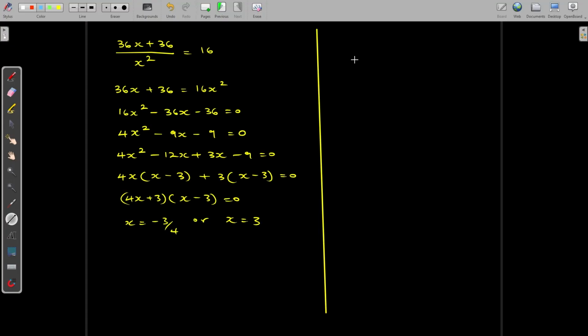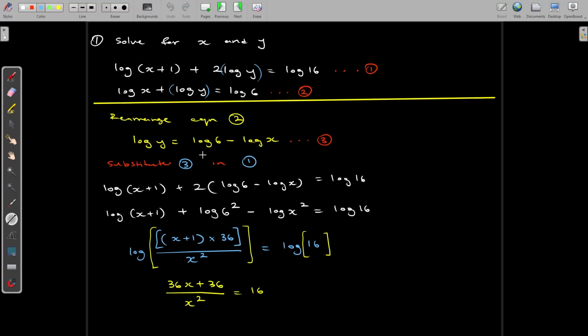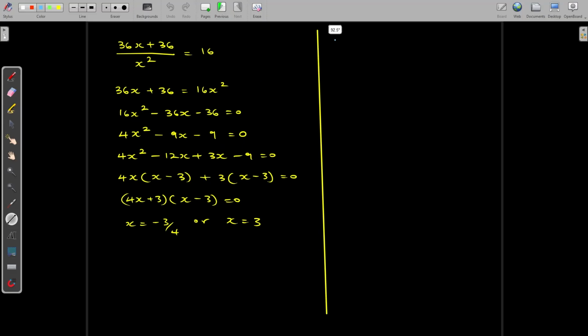Now, since we had said log y is equal to log 6 minus log x, so when x is equal to 3, we will have log y being equal to log 6 minus log 3.